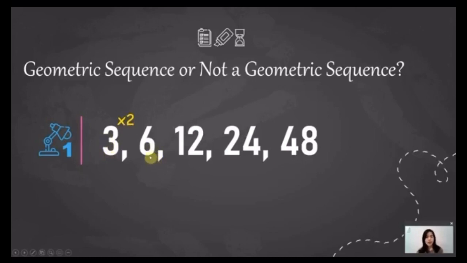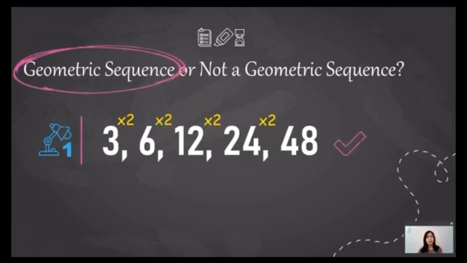Let's see whether it's true with the second term and the third term. 6 times 2 is 12, and that's correct. Now 12 times 2 is 24, 24 times 2 is 48. Now we multiply a constant number 2, therefore this is an example of a geometric sequence with a common ratio 2.